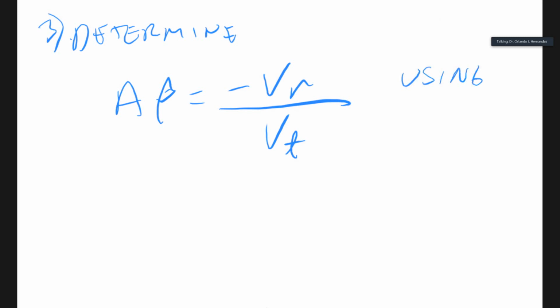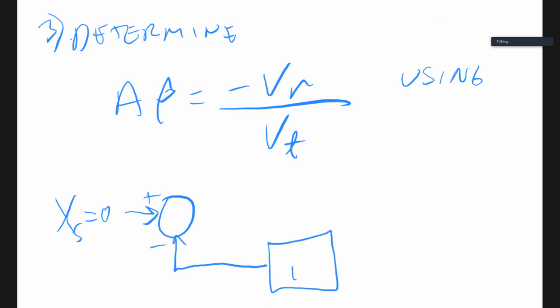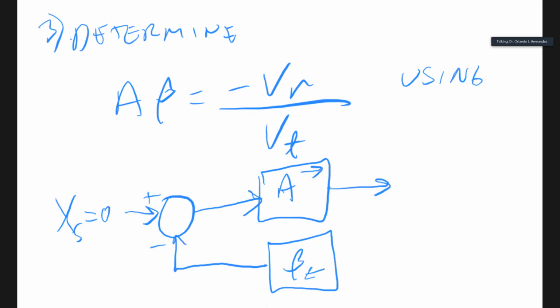So if you recall, we had this way of breaking the loop by setting the input to the closed loop system to 0. This is going this way. And here we have A going that way. And then we had broken the loop.